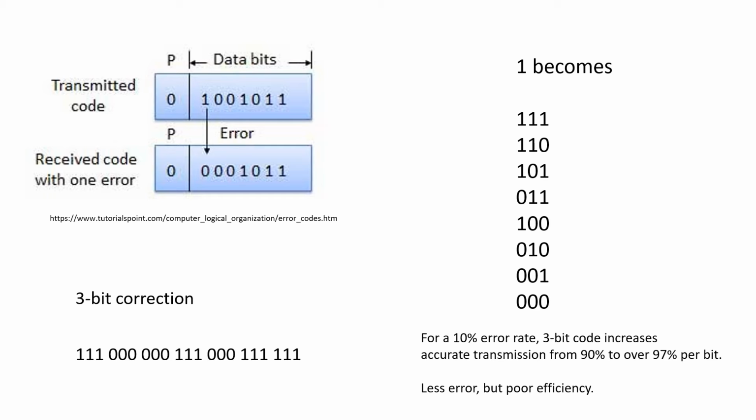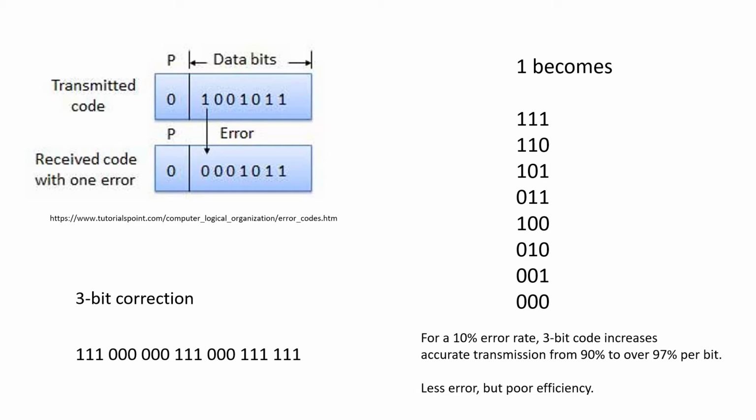Let's say we're going to use a 3-bit correction algorithm. What does that mean? It means that whenever I want to transmit to you a 1, I'm going to instead send 3 ones. And when I want to transmit to you a 0, I will instead send to you 3 zeros. And we will use a majority rules approach, and we'll explain what that means.